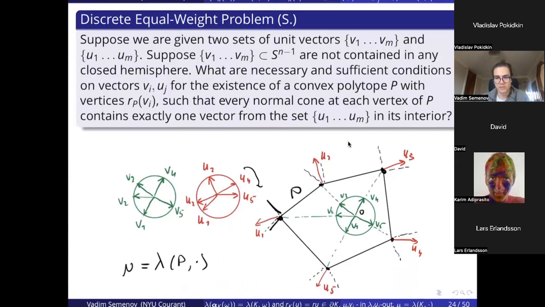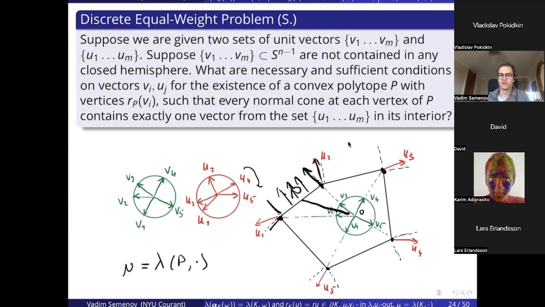So the interior assumption is very important, because if, for example, this vector u2 happens to be on the boundary, then it is also on all of these points on the facet, which means that if you take a radial map from the sphere onto the boundary, then each of these vectors will have a mass of 1.